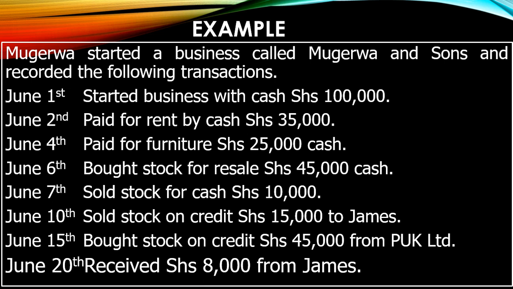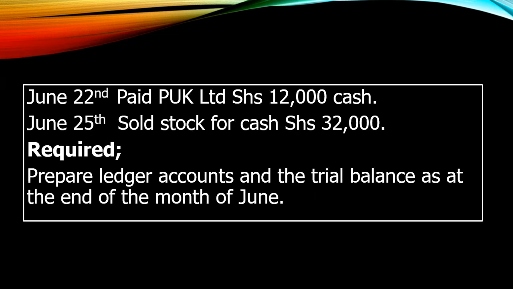On 1st June, they started the business with cash 100,000. Before we start, let us first see what is required. The required is saying prepare ledger accounts and the trial balance as at the end of the month of June.